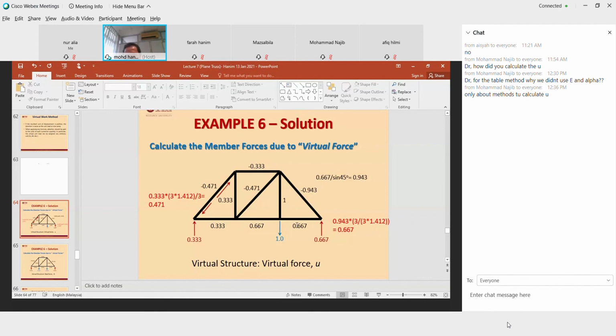There are 3 parts here, so the reaction here is equal to 2/3, 2 parts divided by 3 parts of 1, and the balance, 1 minus 0.67, is 0.333.